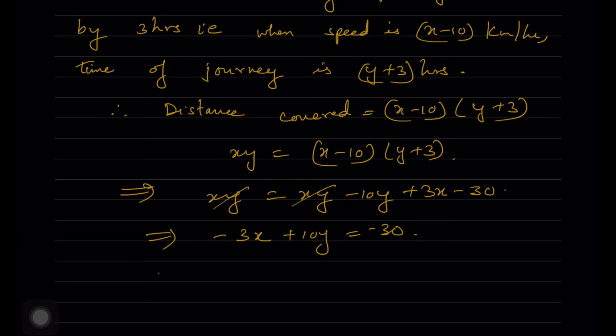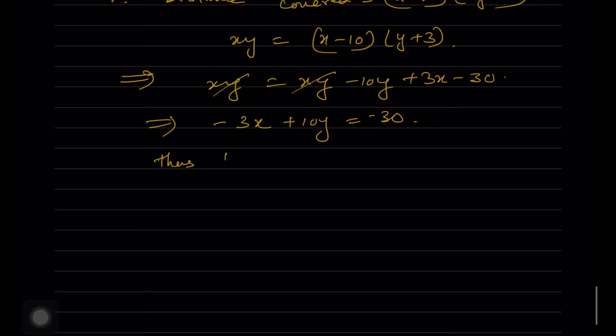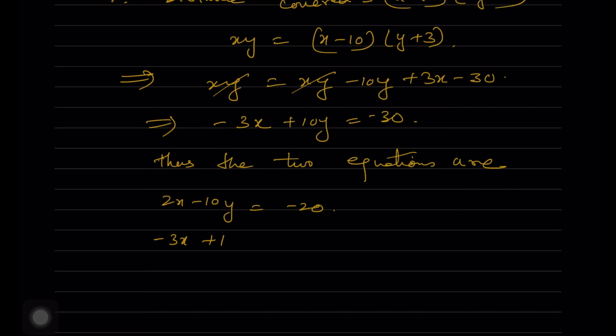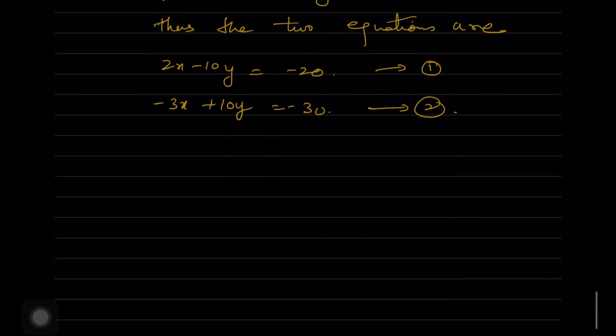Now we are having in our equation 1, 2x minus 10y is equal to minus 20, and the second one is minus 3x plus 10y is equal to minus 30. Since here we have the coefficient of y same in both of them, we are going to add the equations.